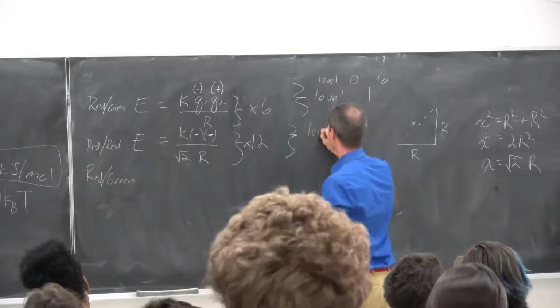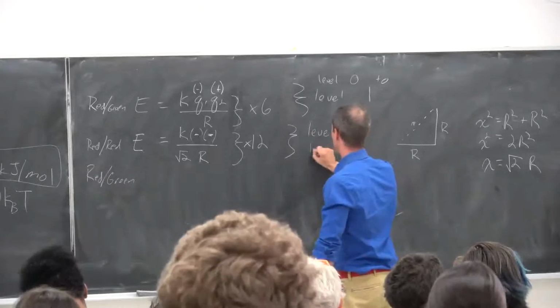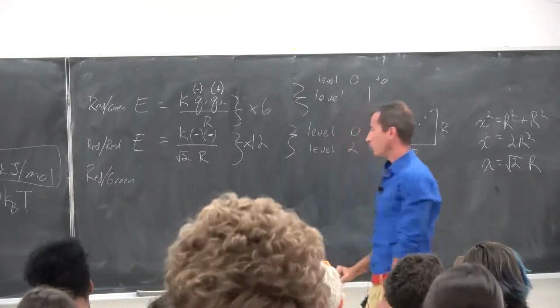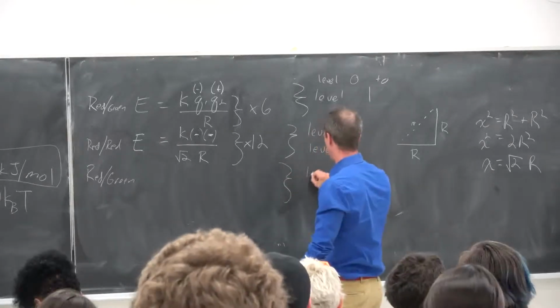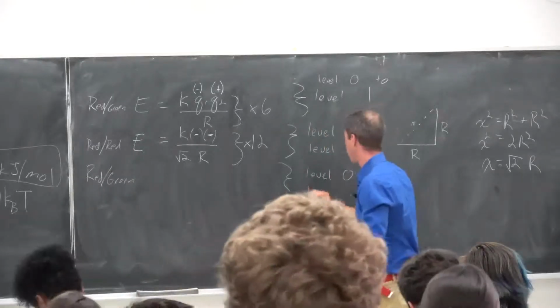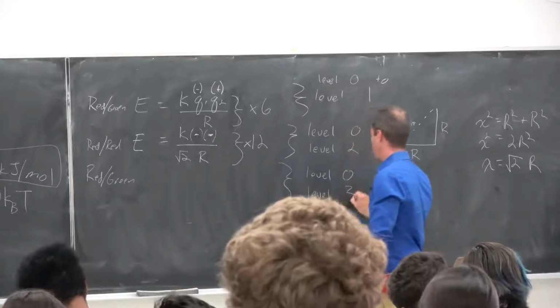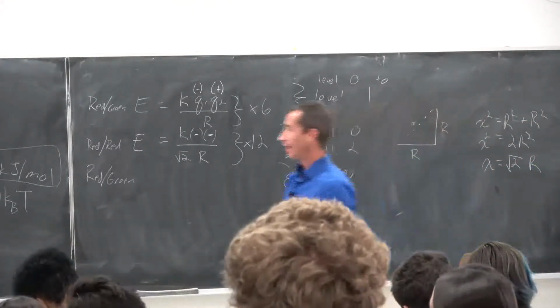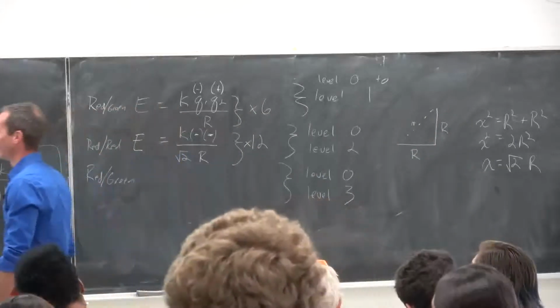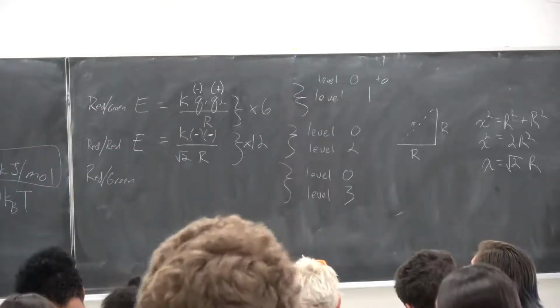Here we're comparing level 0 to level 2. Now we're going to do level 0 to level 3. Okay. Looks like there's 8 of them. There are 8 of them.